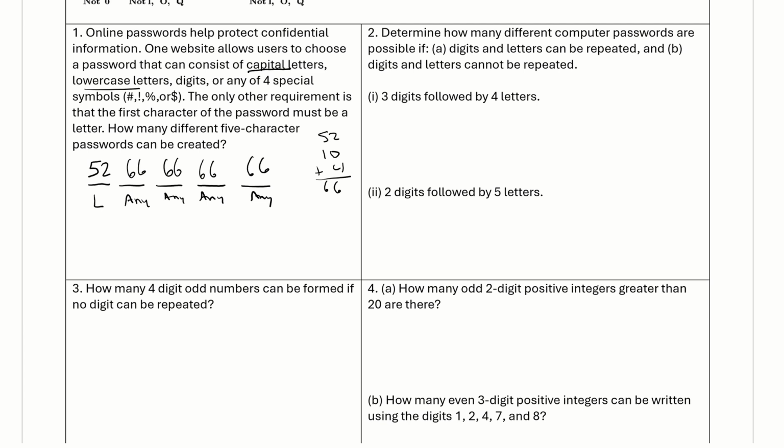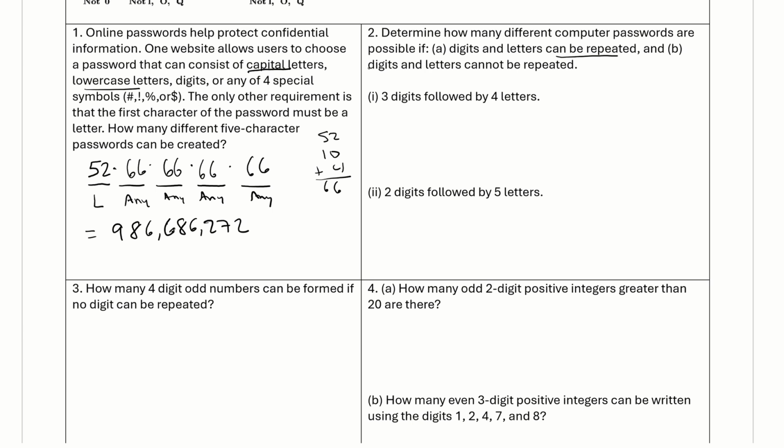By the multiplication counting principle, we multiply all those ways. That gives us 986,686,272 possible 5-character combinations.